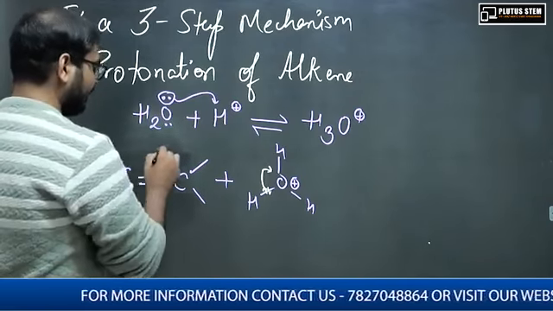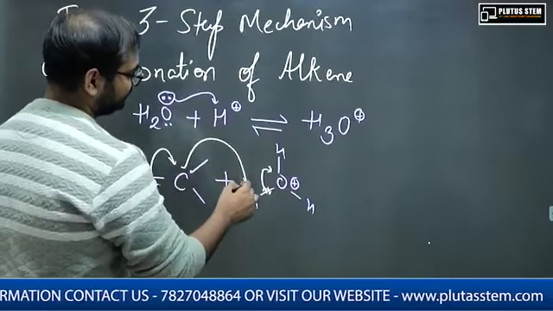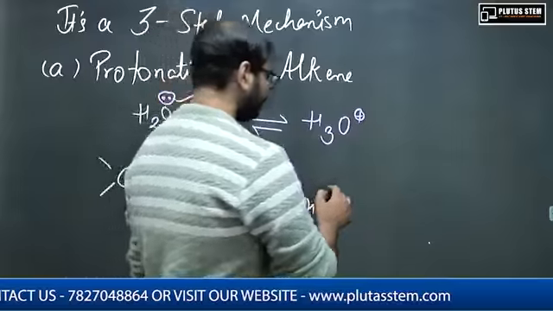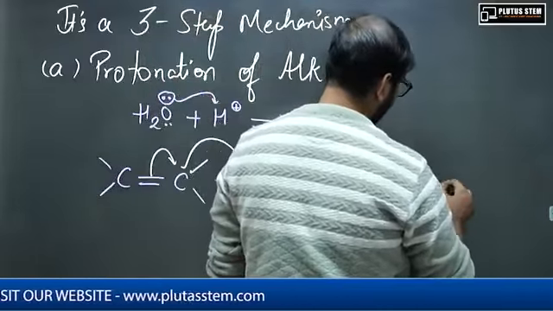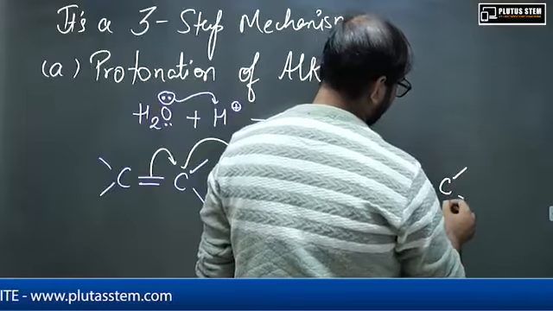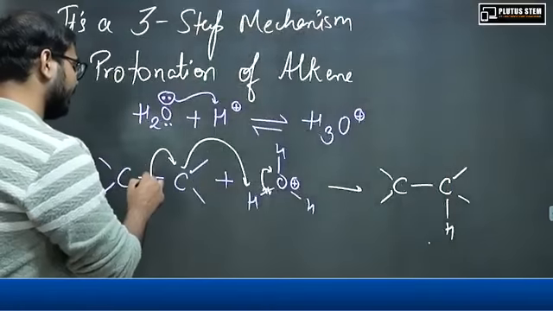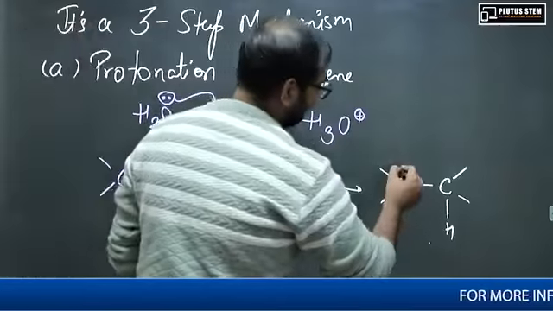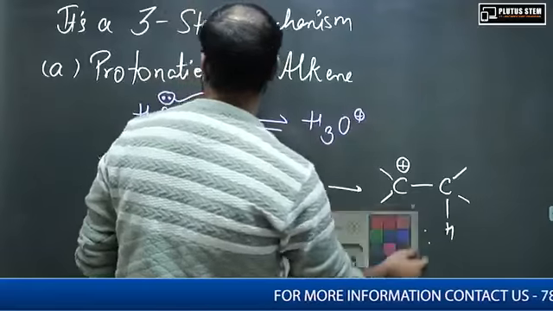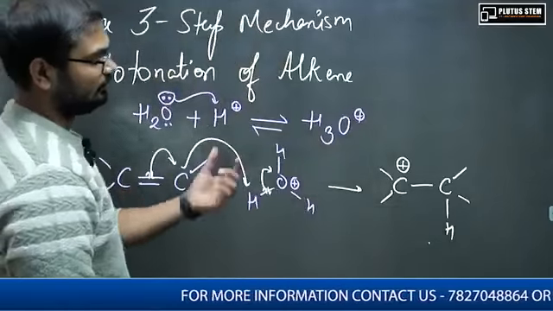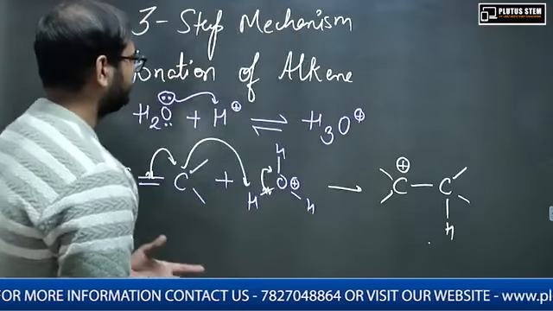So here, the alkene carbon will take up the electrons and attack the H plus. Hence, this process will lead to carbon H plus. Now, since the electrons of this bond were taken by another carbon, this leaves behind a carbocation. And this particular step is called the protonation of alkene, or we simply call it protonated alkene.